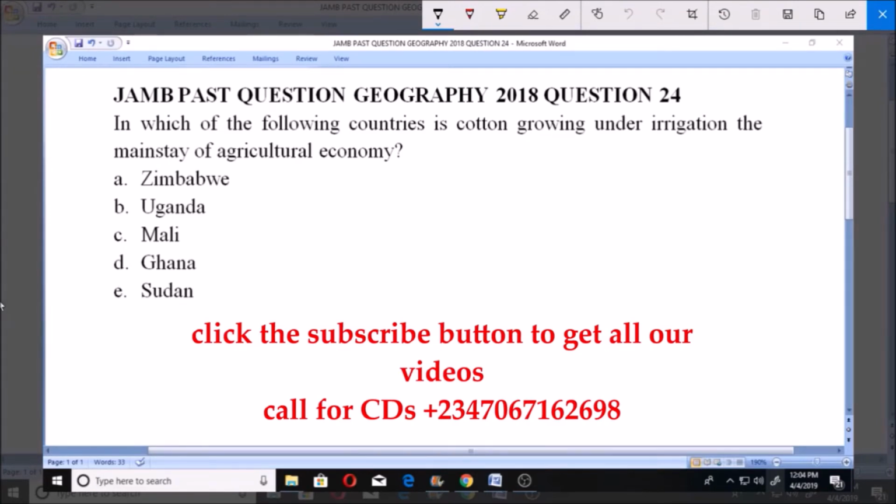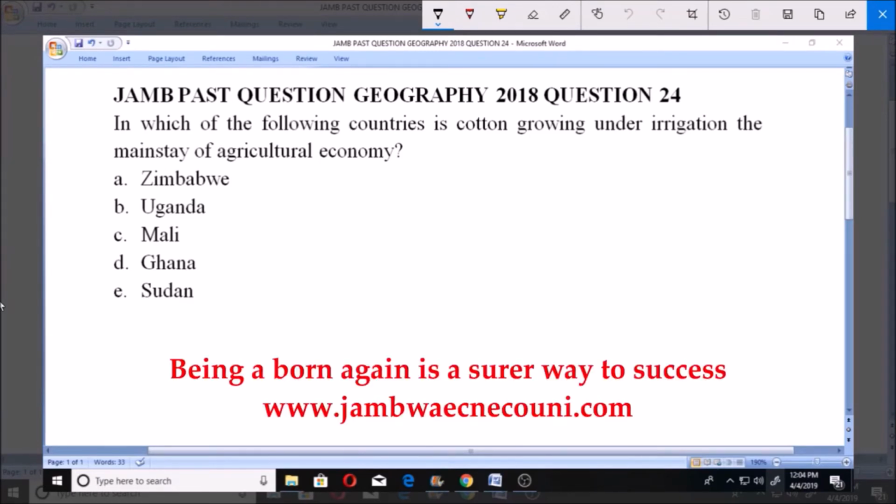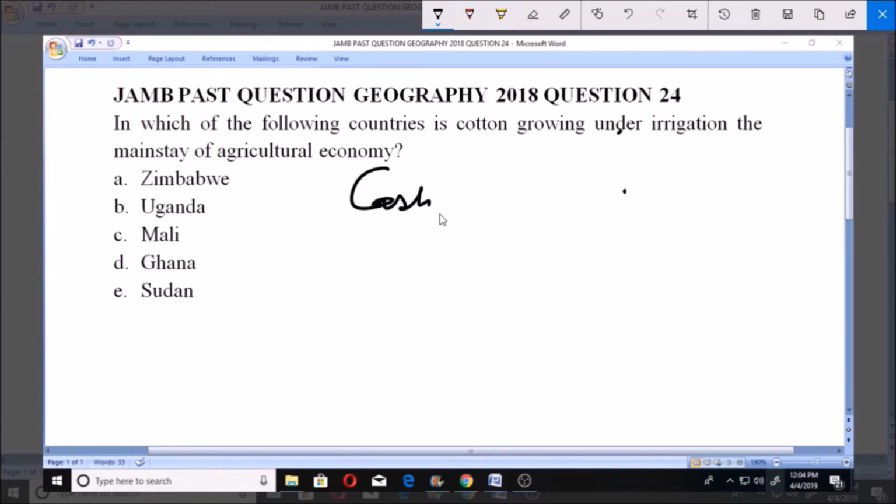Now, to put this in context, we need to first of all be aware of the fact that cotton is the major cash crop in Sudan. Its production is supported by the Gezira scheme, one of the largest irrigation projects in the world.